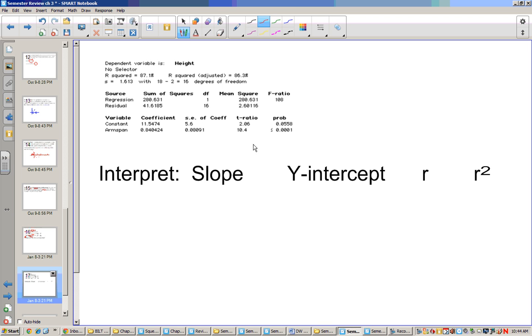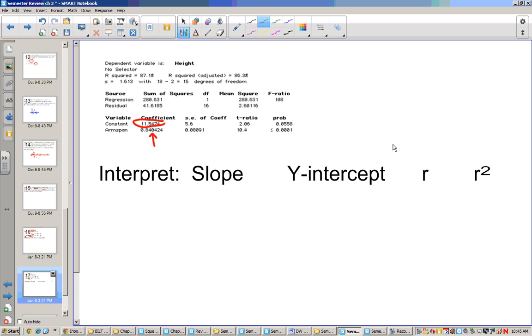Now, if we wanted to interpret these, to interpret the slope, I would say for each increase of one in arm span, the height increases 0.84. If I want to interpret the y-intercept, I would say when the arm span is 0, the height is 11.54.